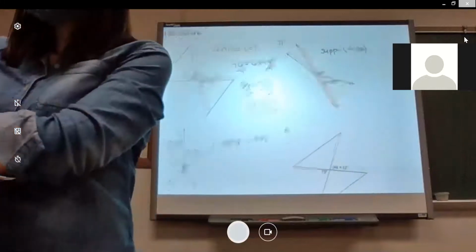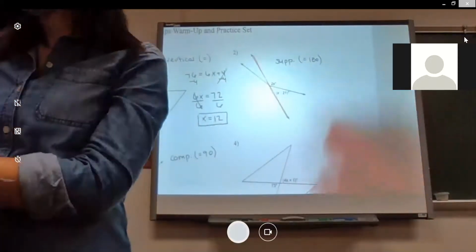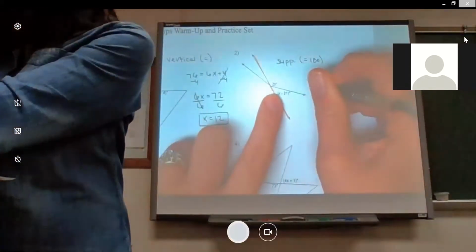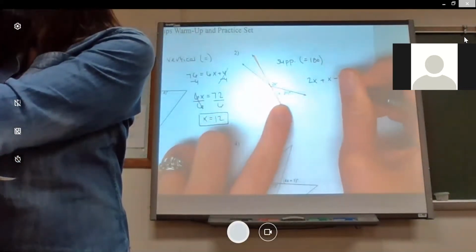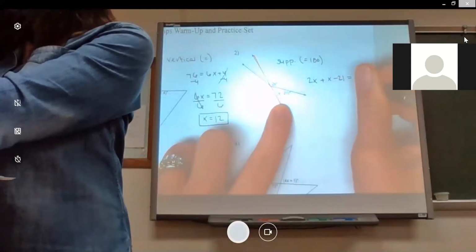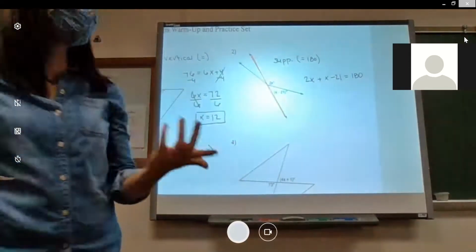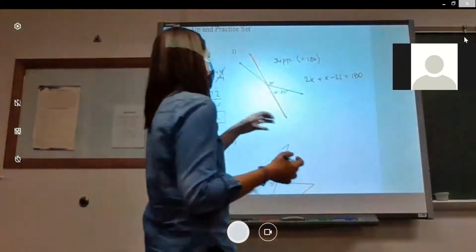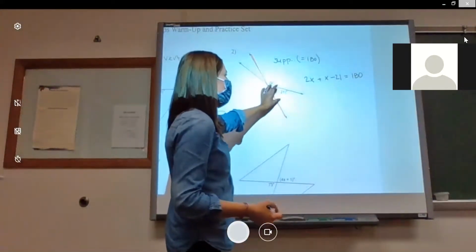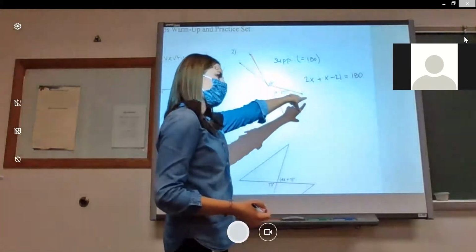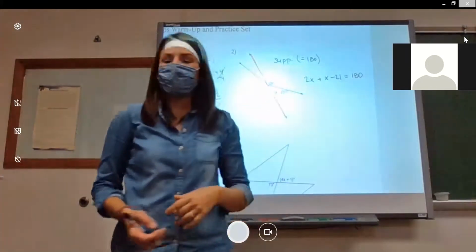On example number 2, they're supplementary. If they're supplementary, then my setup would be that this first angle, 2x, plus this other angle, x minus 21, would be equal to 180. So a different setup, right? It's all based on what type of relationship these angles have. Now I solve.